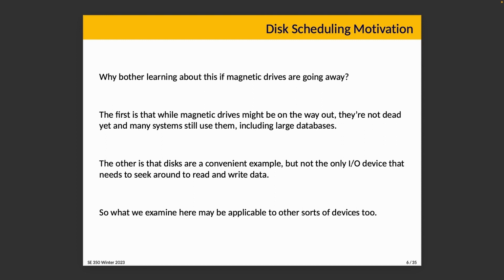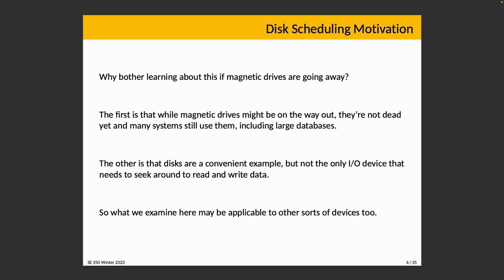And again, to emphasize one more time, why do we care about magnetic drives when they are in the long run going away? Well, they're not dead yet. Many systems still use them. Large storage systems tend to use them. You can have much more storage for your money by getting a magnetic hard drive, and that's not necessarily bad, right?